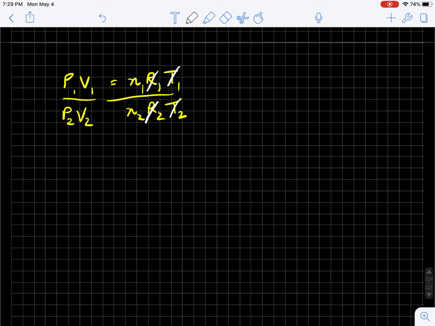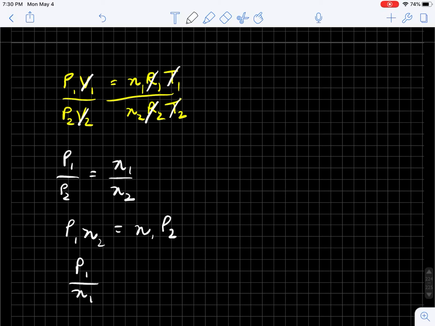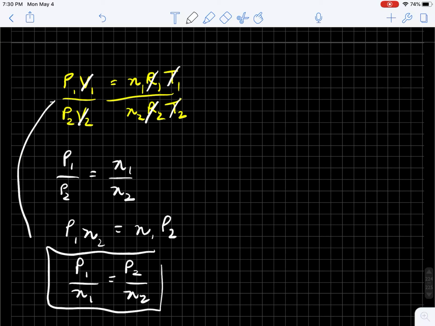But suppose I'm keeping the volume of the container constant. It's a metal container. It's not going to expand or contract, so it remains constant. So that leaves us with P1 over P2 equals n1 over n2. Now, if I cross multiply, I get P1 n2 equals n1 P2. And then if I rearrange this, I get P1 over n1 equals P2 over n2, which is Gay-Lussac's law.